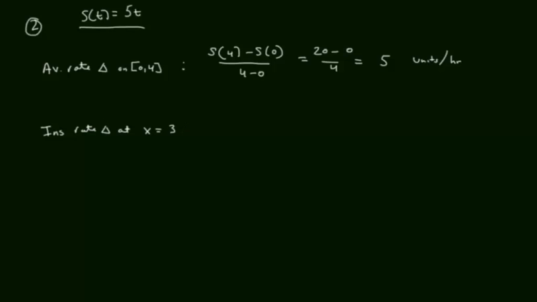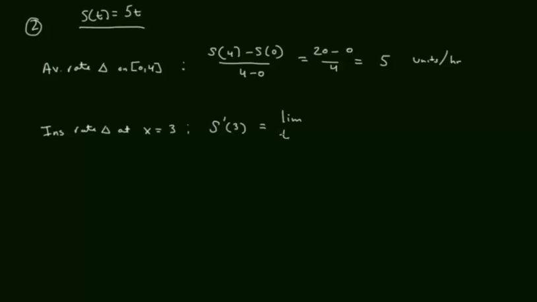Now the instantaneous rate of change, we can denote it as s prime of 3, and that's going to be the limit. Now I'm going to use the alternate definition here. We're going to mix these up a little bit.